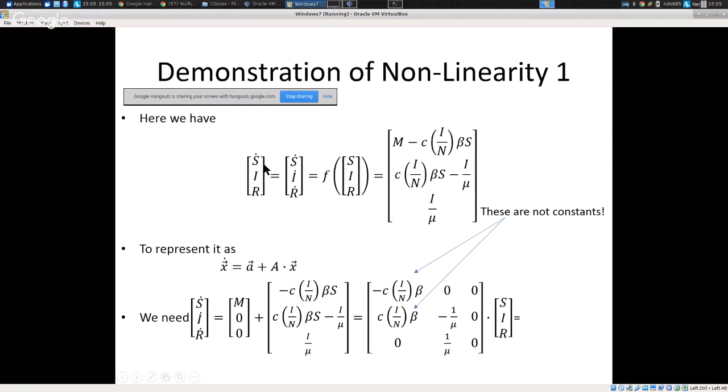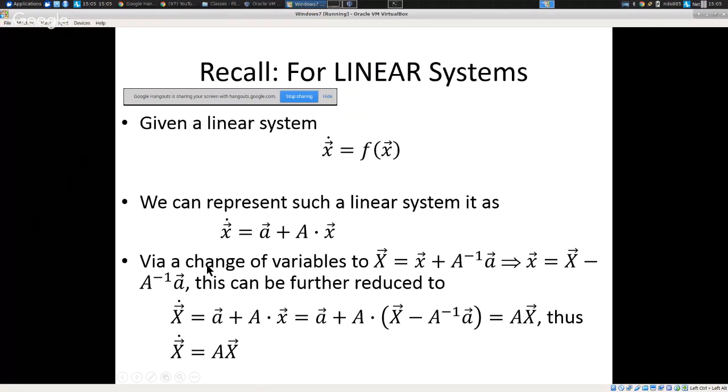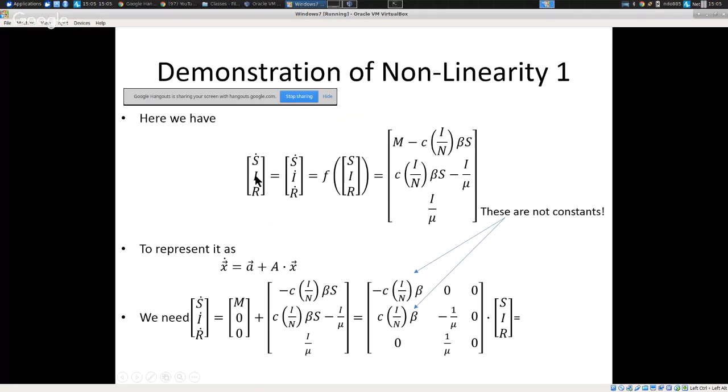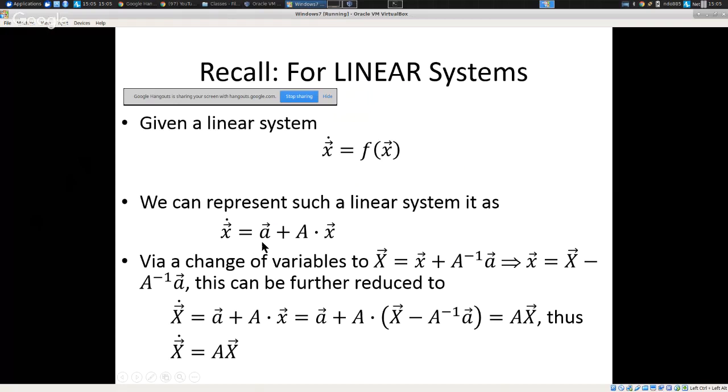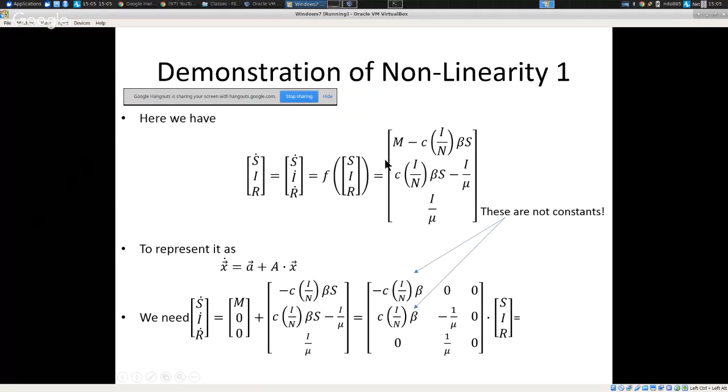SIR is on the left-hand side, just hewing to this way of writing it. It's x dot, that's what this is. SIR is x, the current state of the system, plus an A, plus these things here. So the A is just M, 0, 0, and then it's a matrix times SIR.